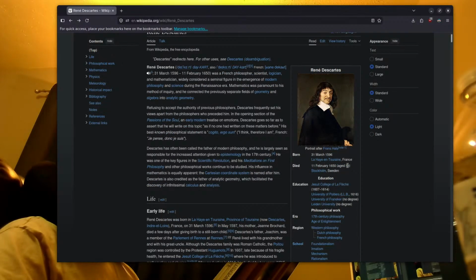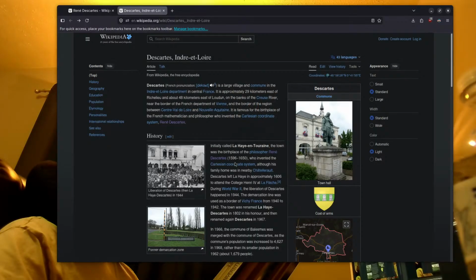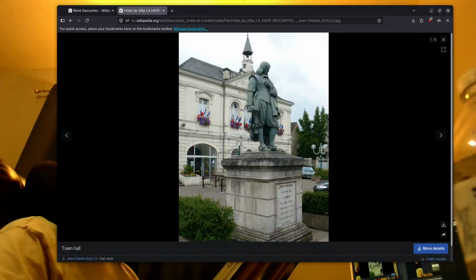Died at 53, it's sad. Where's this place in France? Is that Descartes? Oh, they freaking named it after him? Hmm. They gotta, yeah, that's beast mode.